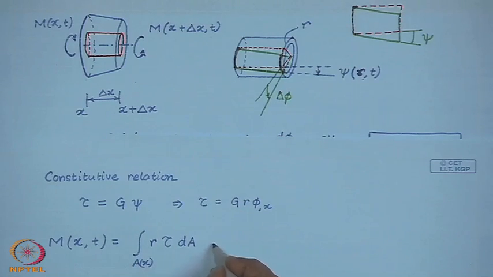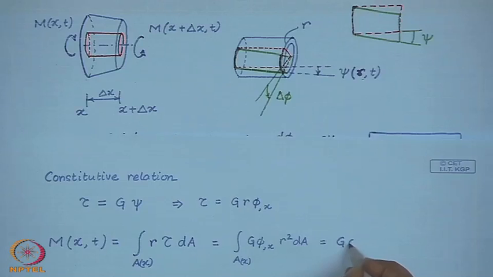So, if I substitute this expression, I have this, and since these two terms, the G and phi, have nothing to do with this integral over the area, I can safely bring them out, and this therefore is the torque.